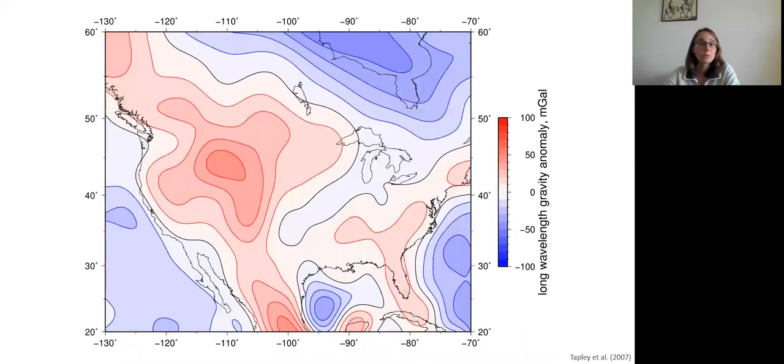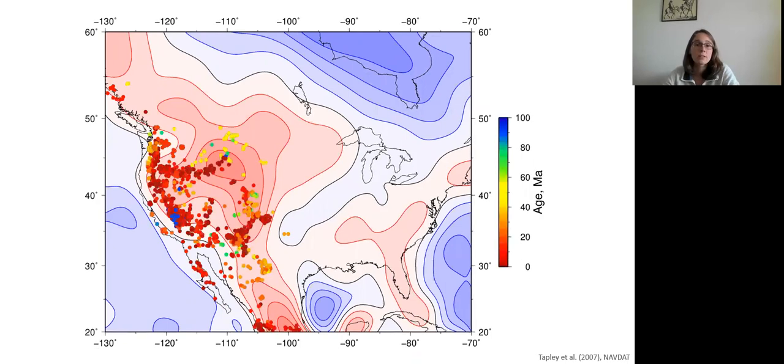And one reason why we think that is because we see these big positive gravity anomalies. And they're essentially a proxy for mantle convection. So these red contours here, these positive anomalies might indicate that there's an upwelling sitting under the plate in this location.